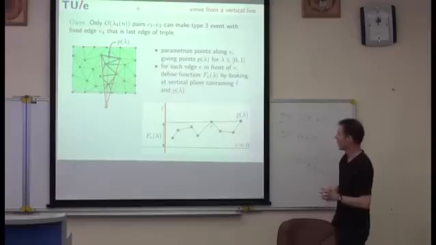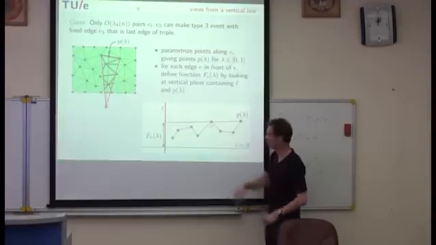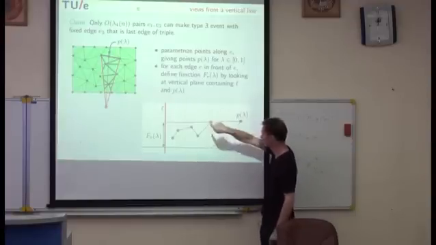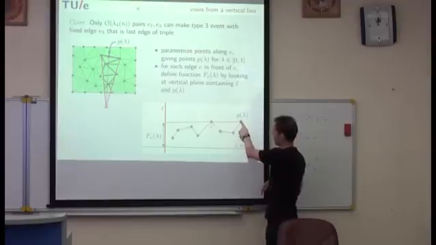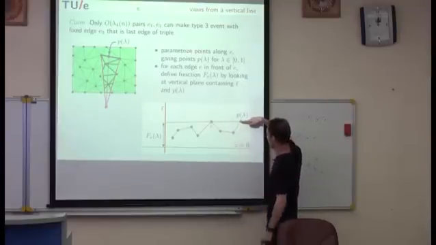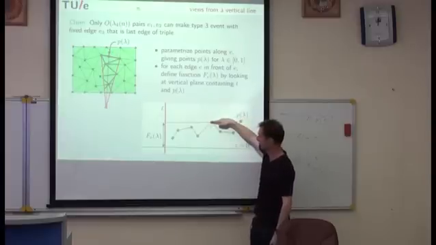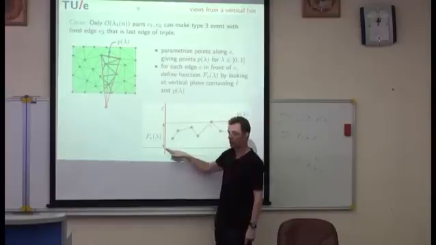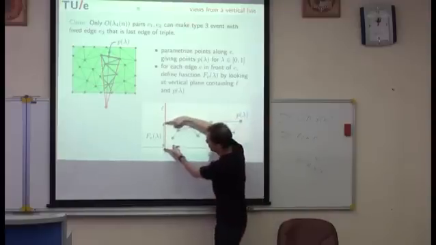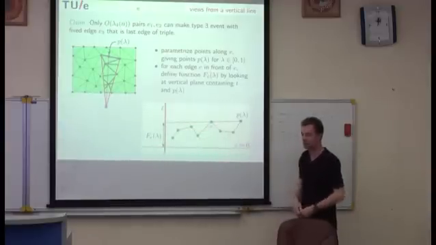Now the function I'm going to define: look at this edge E. Take my lambda, look at the line through this point, and continue until you hit your line L here. Let's say this is z equals 0.